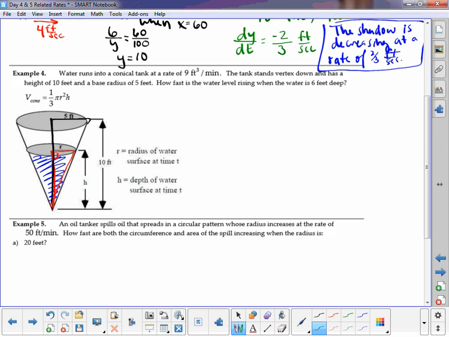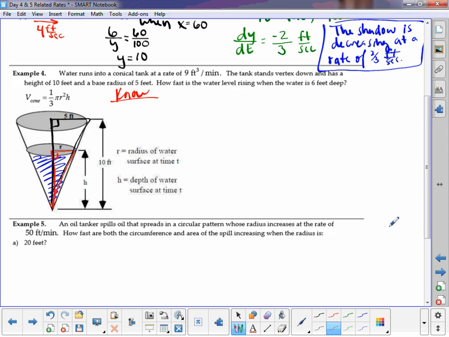So once again, we have those similar triangles, so we can set up our ratio. Now we do have a couple of constants or fixed rates here. Notice the radius of the tank and the height of the tank do not change. It's the radius and height of the water level that change. Okay, so let's fill out what we do know.